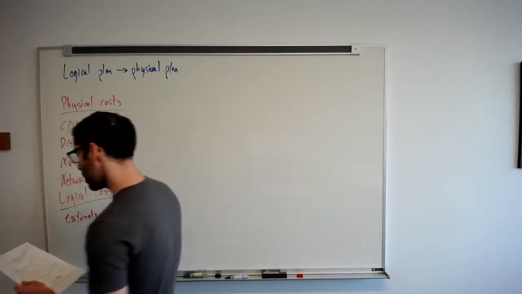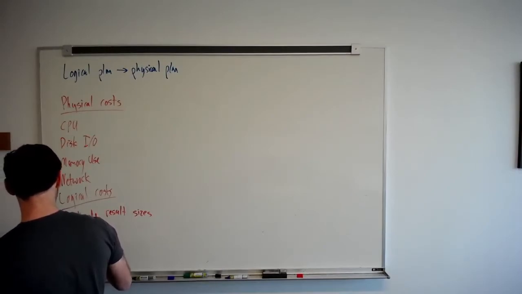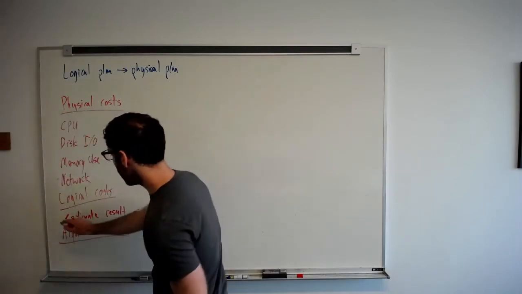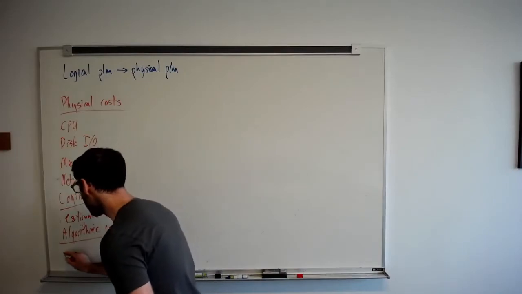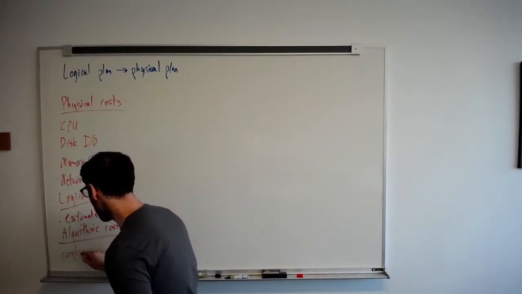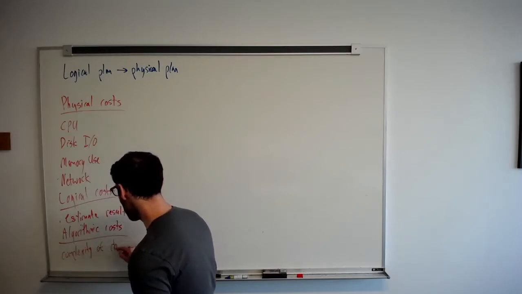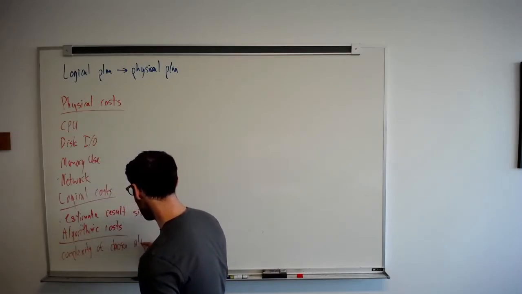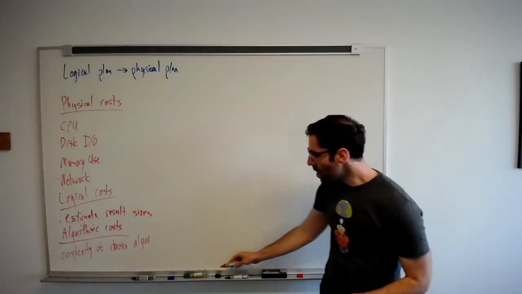And the last is our algorithmic costs, which are going to be the complexity of the algorithms that we choose for our plan.